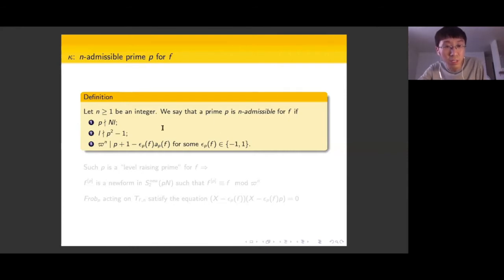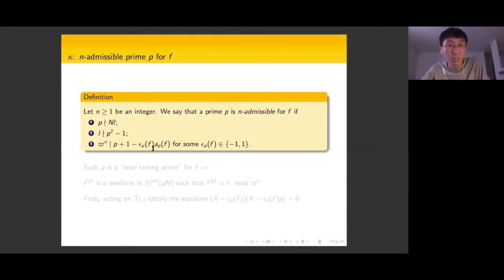So these are defined by those primes such that they're good primes: they don't divide N and l, and also l does not divide p squared minus 1, and thirdly, pi to the n divides p plus 1 minus a certain number epsilon times the Fourier coefficient of f at p. These epsilons are valued in -1 and +1.